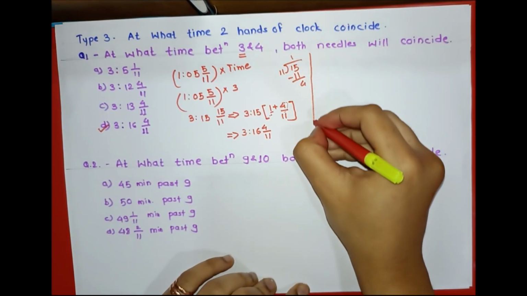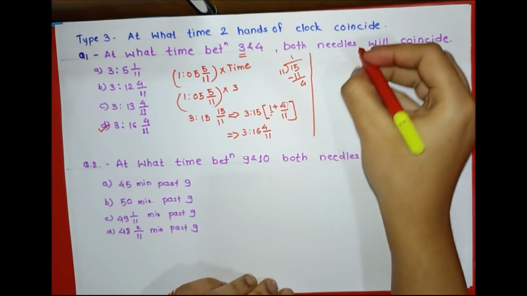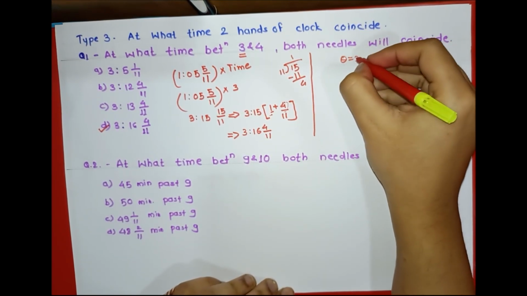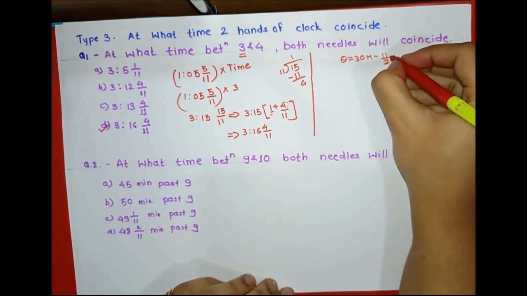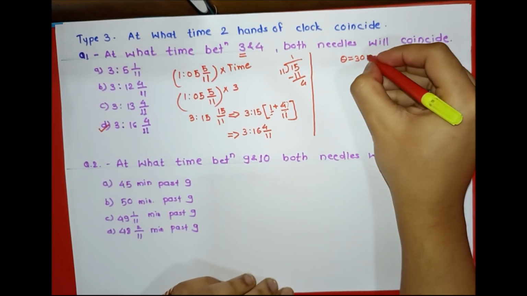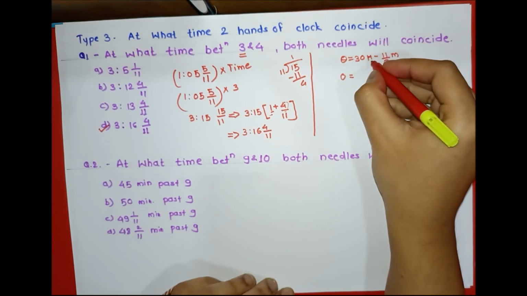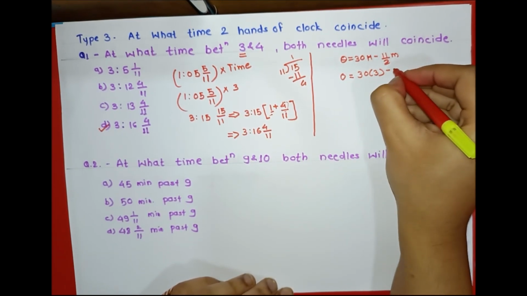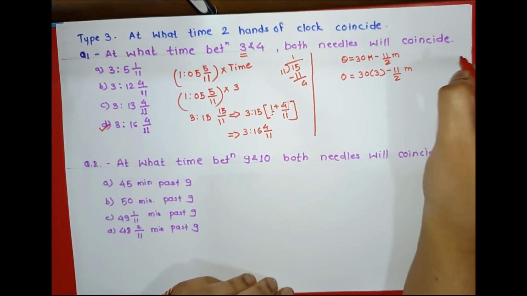You can solve this using the formula of angles also. Theta is equal to 30h minus 11 by 2m. The theta will be 0 degrees. The hour is 3, minus 11 by 2, and the minutes we have to find out, so let it be m.